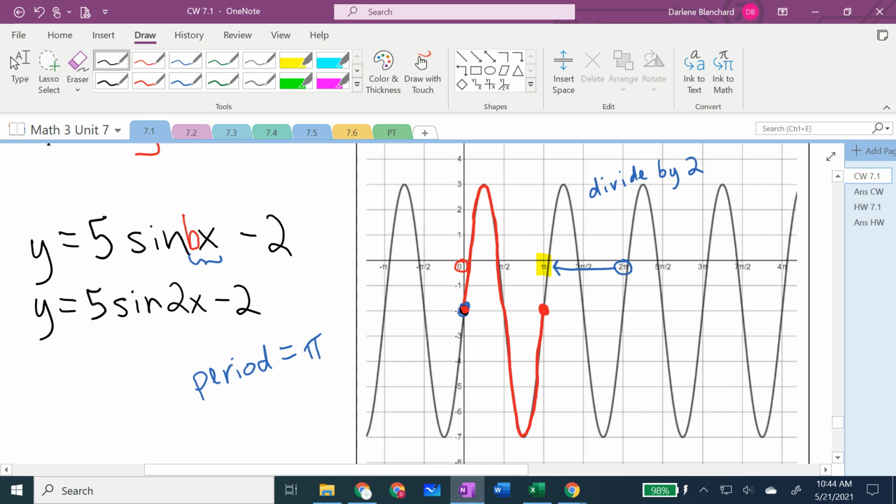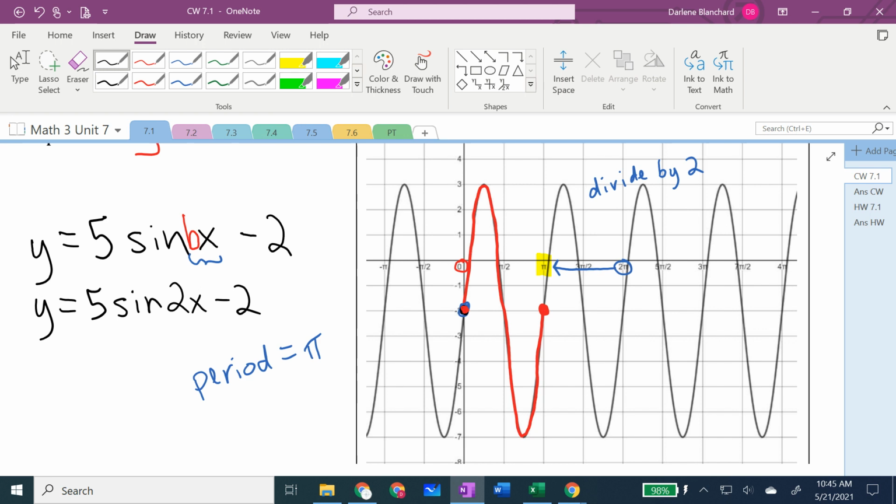So if you see that it compresses and gets smaller, you actually want to see multiplication. But if it stretches to get longer, you actually want to see division, which is awkward. So that's one way you can go about it.